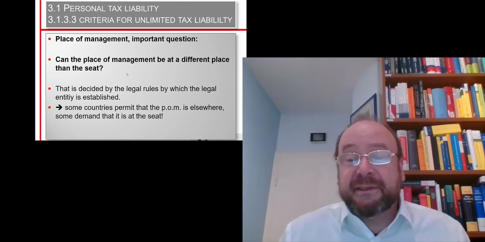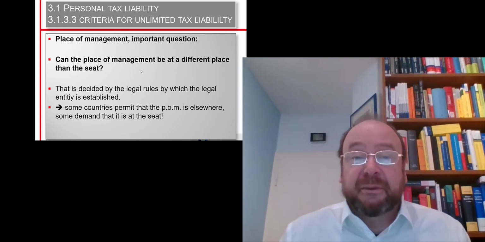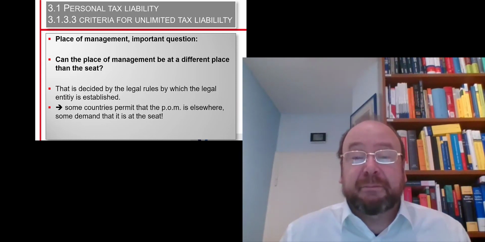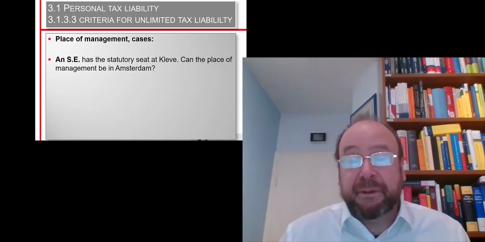And there are other states like England or nowadays Germany for some legal forms which allow that the place of management can be at a different place from the statutory seat. So that's a matter which every state can decide for its own legal forms in its company law.